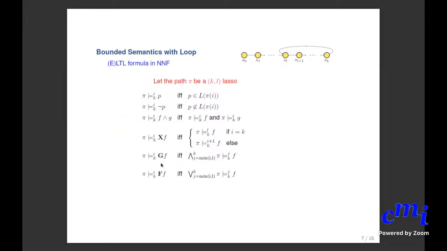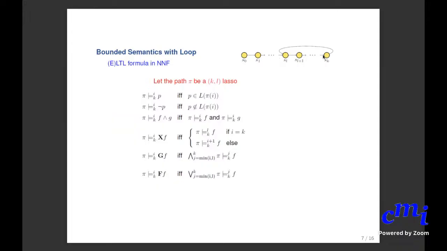Okay, so let's see what you can do to define G. For G of F, it is true if, when I is less than L, you check that F is true for all states starting from I till SK.